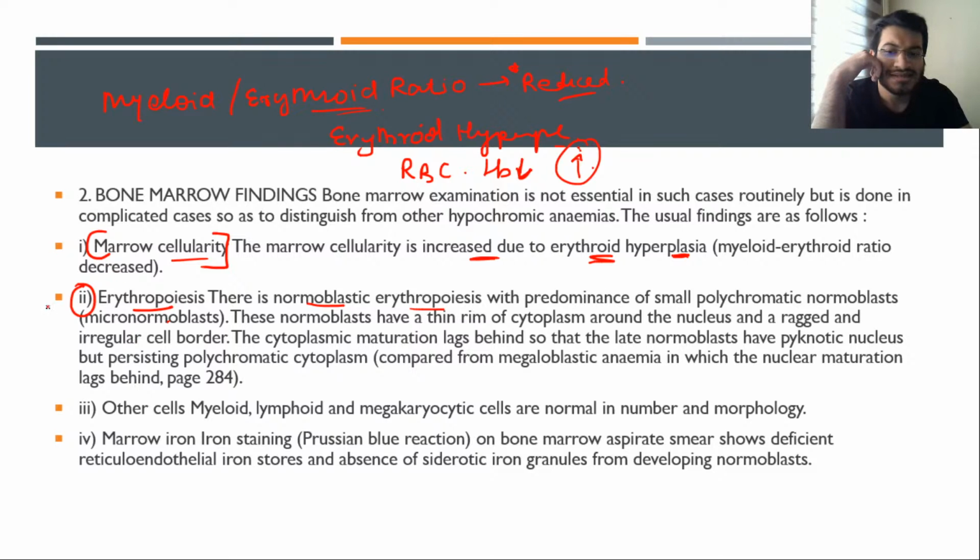Other cells, myeloid, lymphoid and megakaryocytic cells, are normal in number and morphology.